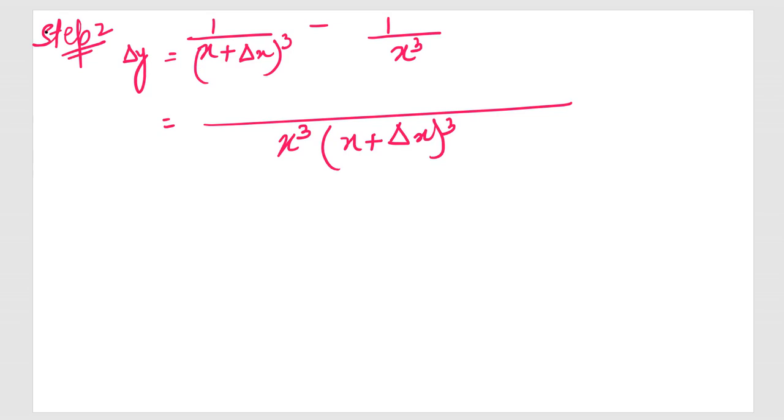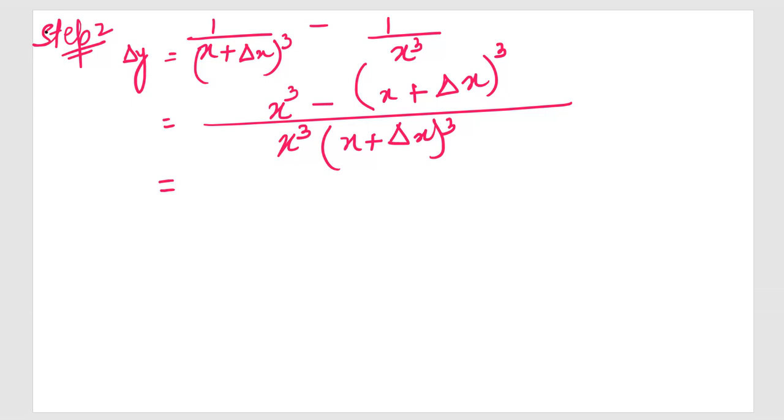In the numerator we have only x cube. Now the negative sign: if you have a negative sign, you should always be very careful. So negative, and in the numerator we have x plus delta x whole cube.